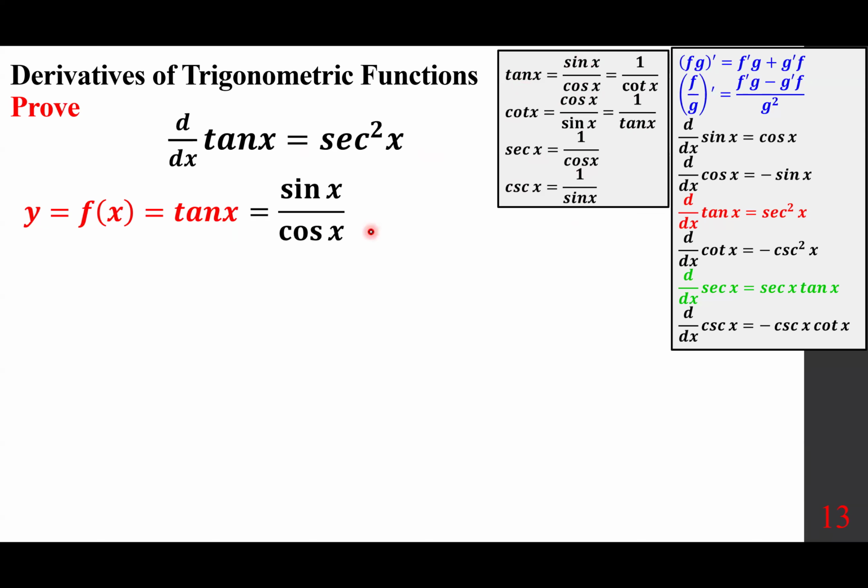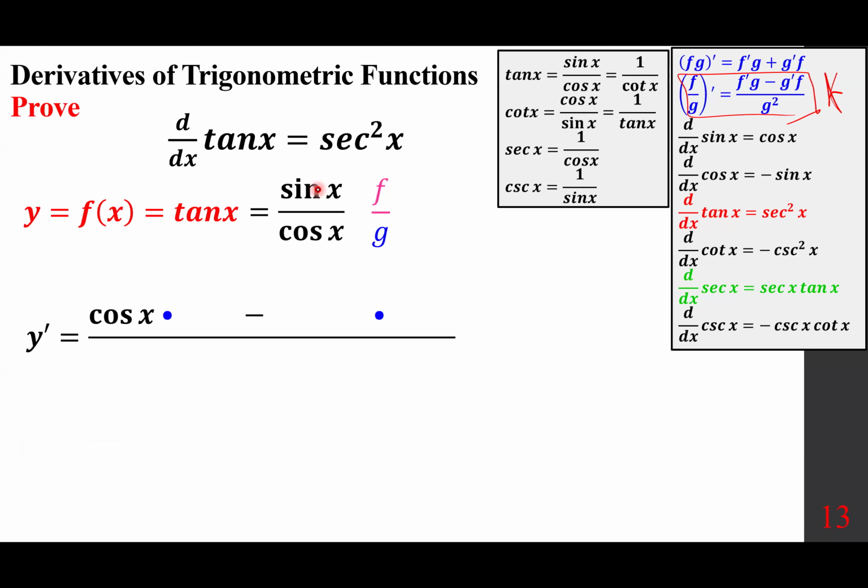And obviously, f over g, we are going to use the quotient rule: f prime g minus g prime f over g squared. So f prime, the derivative of sine is simply cosine, times g, which is cosine, minus g prime, the derivative of cosine is negative sine, times f, the numerator is sine x, over g squared, cosine squared.